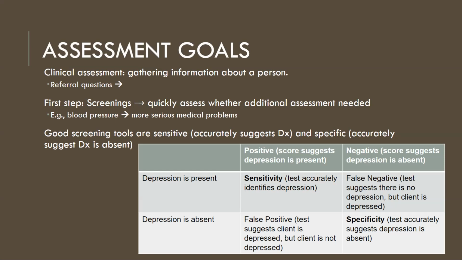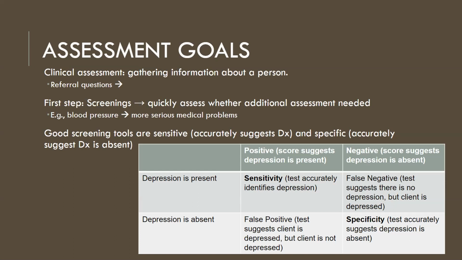But if one of these things is coming back abnormal, then that might be reason to consider more serious medical problems. Just because a screener comes back positive does not mean that a more serious problem is present. It just means that further assessment is needed. So just because your blood pressure is a little high doesn't mean that you have hypertension. It just means that we want to follow up.